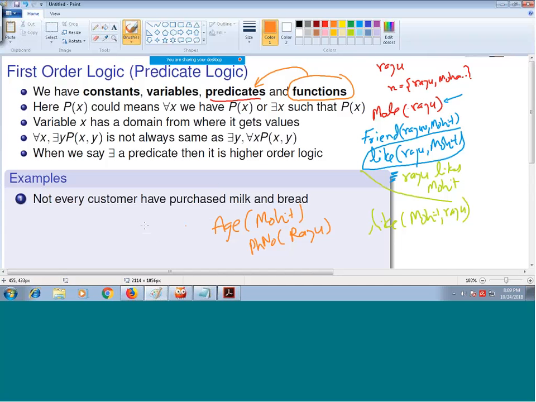Another function could be mother. Given Raju, since it is a function, it could not be true or false.